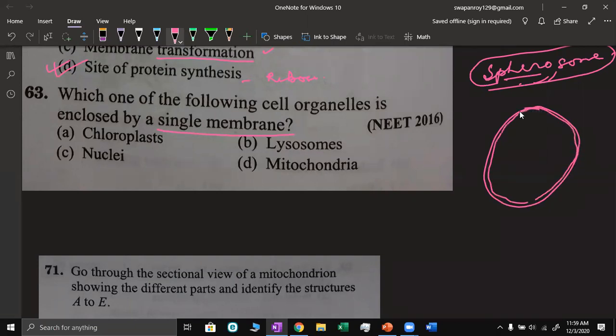So all these are double membrane. Chloroplast has two layers of membrane. Mitochondria also has a double layer of membrane. Outer layer is smooth and inner layer forms the cristae. So there are two layers of membrane.